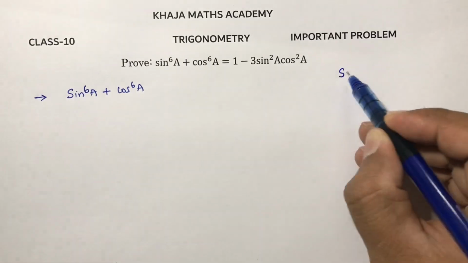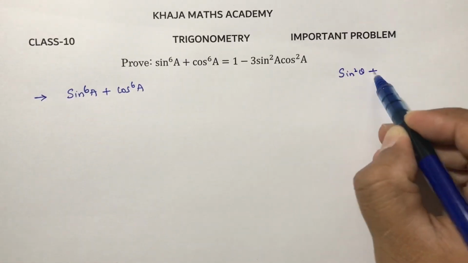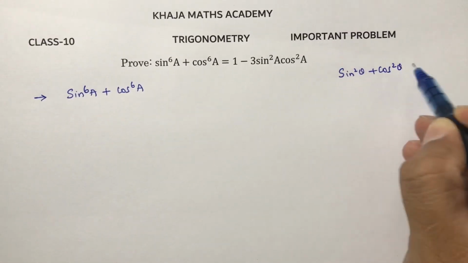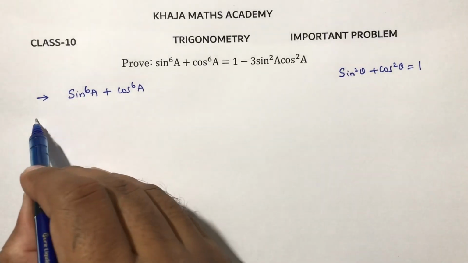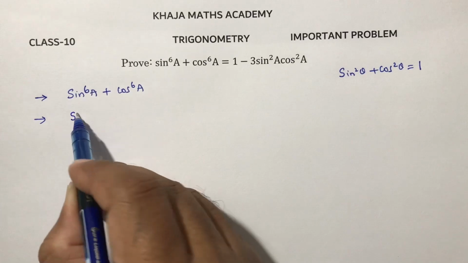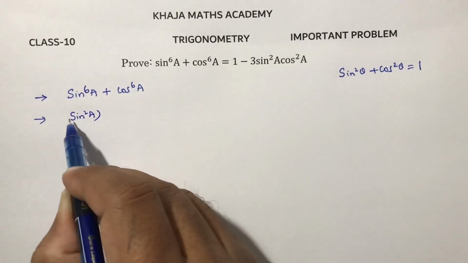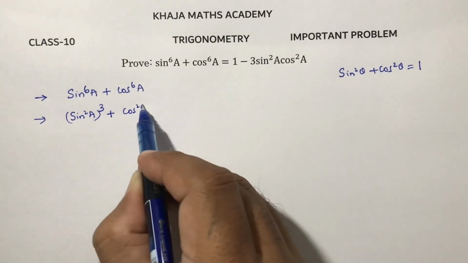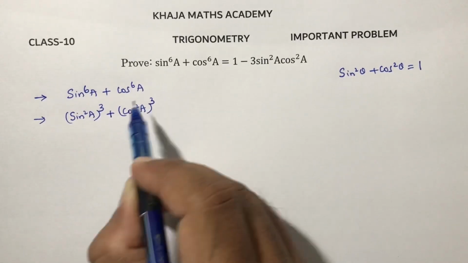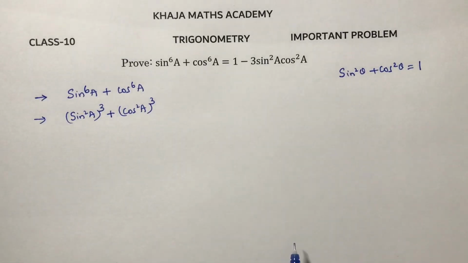Write the identity in terms of sin, like sin square theta plus cos square theta equals 1. Here you can change it like sin square a whole cube plus cos square a whole cube, a cube plus b cube.